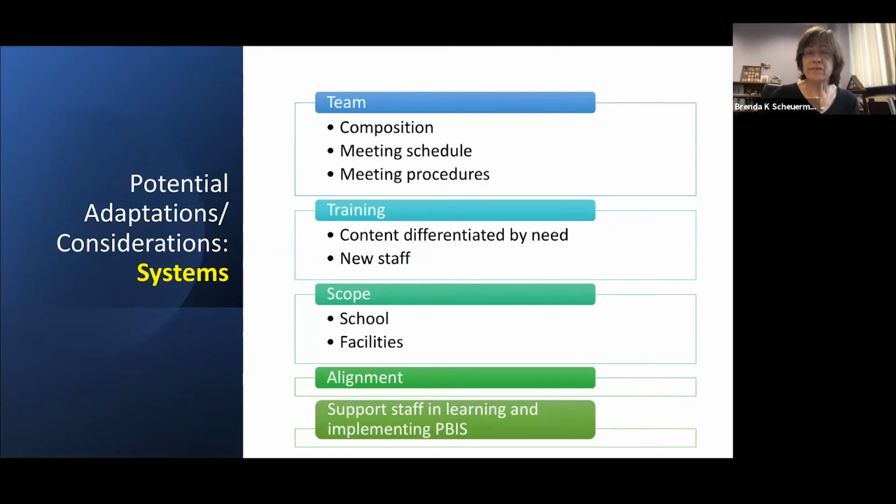In terms of the systems to support PBIS in residential programs, especially getting the team together, the team's got to be representative of all shifts throughout the 24/7 services. And getting the team together may not be possible.